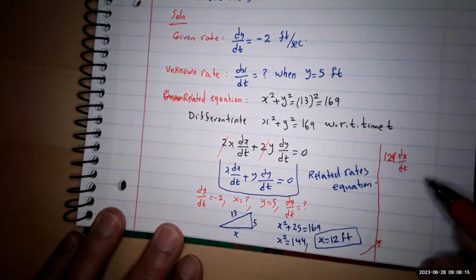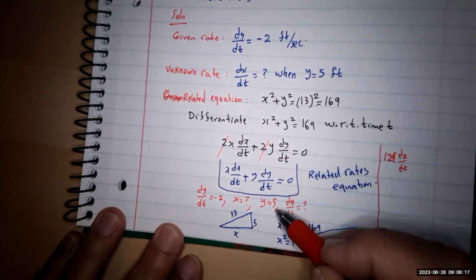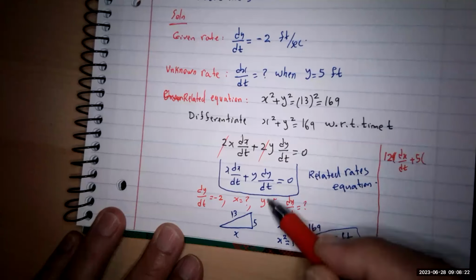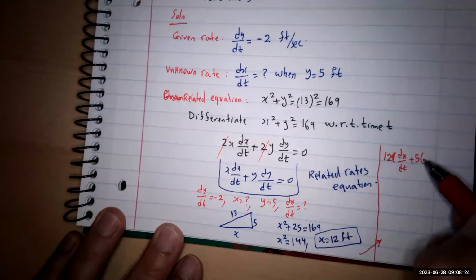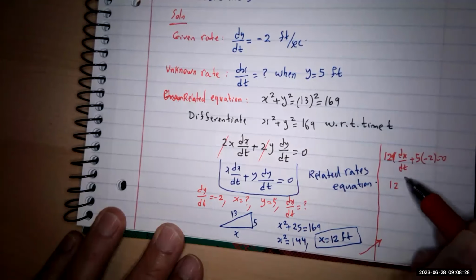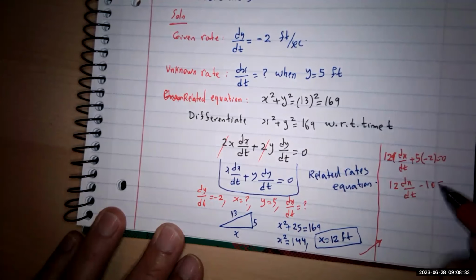Plus y is 5, times dy/dt, which is -2, equal to 0. That gives you 12 dx/dt minus 10 equals 0.